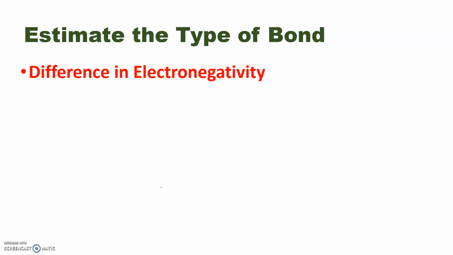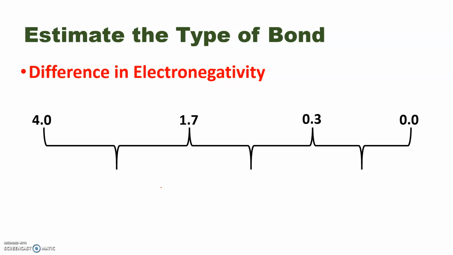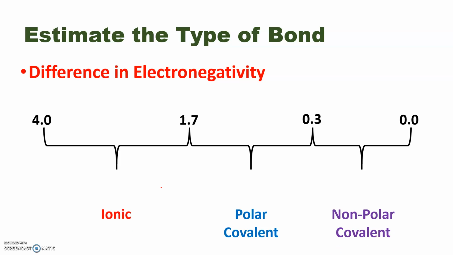So the first question that I'm going to answer is, how do I know if it'll form ionic or covalent? And the answer to that is, what is the difference in electronegativity? So you have this scale on your yellow sheet. If you find the difference in electronegativity between two elements, it'll fall somewhere on this spectrum.